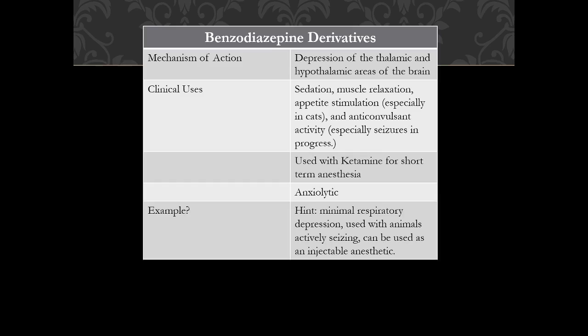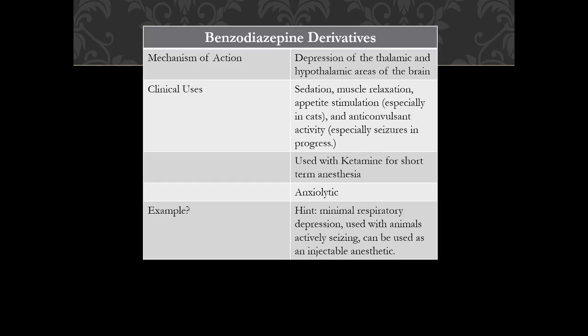Next category of sedatives, tranquilizers, sedatives. These are benzodiazepine derivatives. Their mechanism of action is to depress the thalamic and hypothalamic areas of the brain. So they're going to decrease the connection between the brain and the perception of what's going on in the cerebrum.